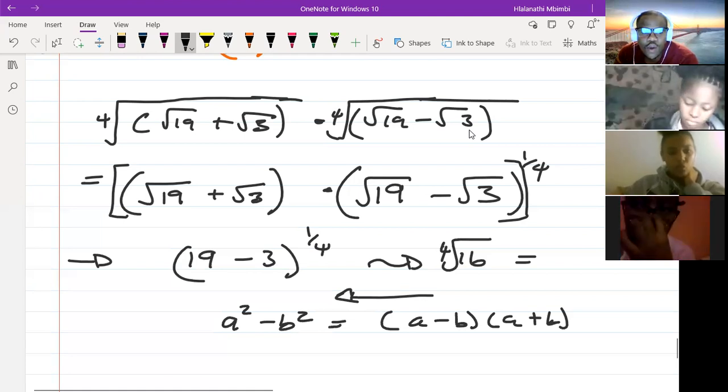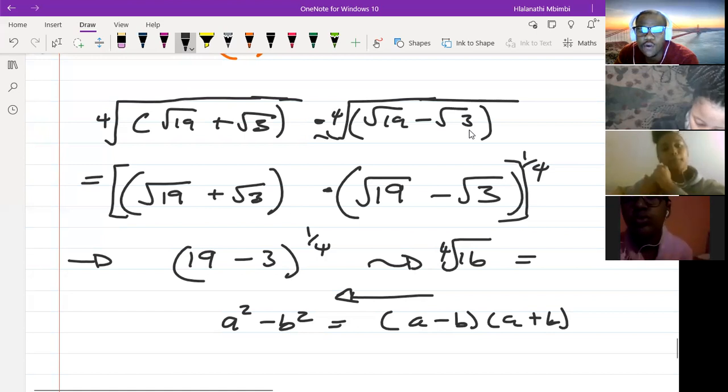You have the square root of the fourth root times another fourth root of whatever is inside. First, interpret what the fourth root is. That's when we raise it to the power 1/4. Both of these we raised to the power 1/4.